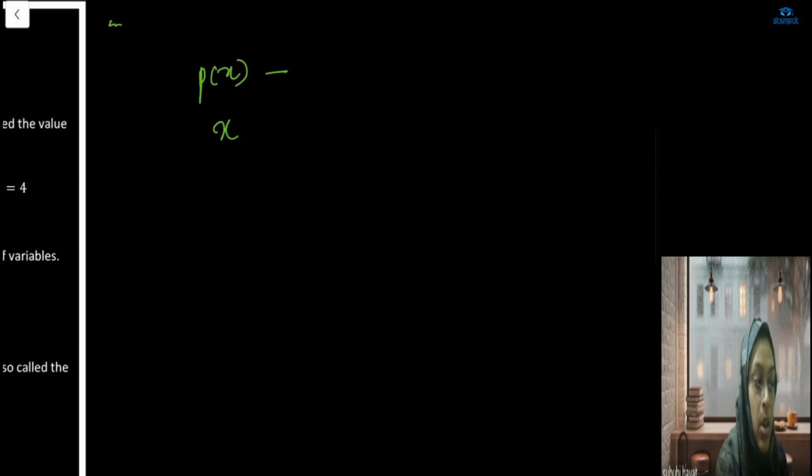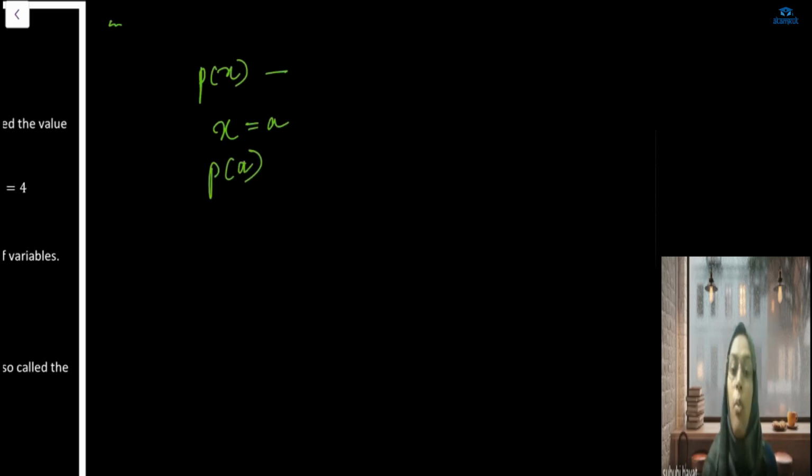For example, we express a given polynomial as p(x). If you put x equal to a in this polynomial, the value you get at x equal to a is called the value of the polynomial.